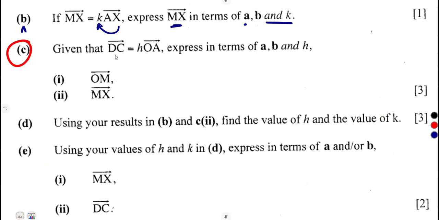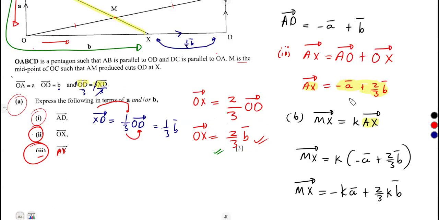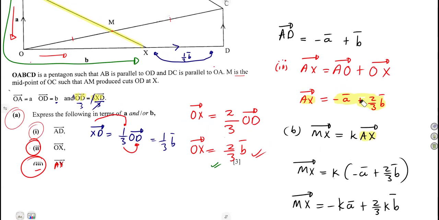On C, DC is equal to h times OA, expressed in terms of a, b, and h, vector OM. So let's start by DC because we are not asked to find it. Given that, let's find DC first. So DC is this part here.